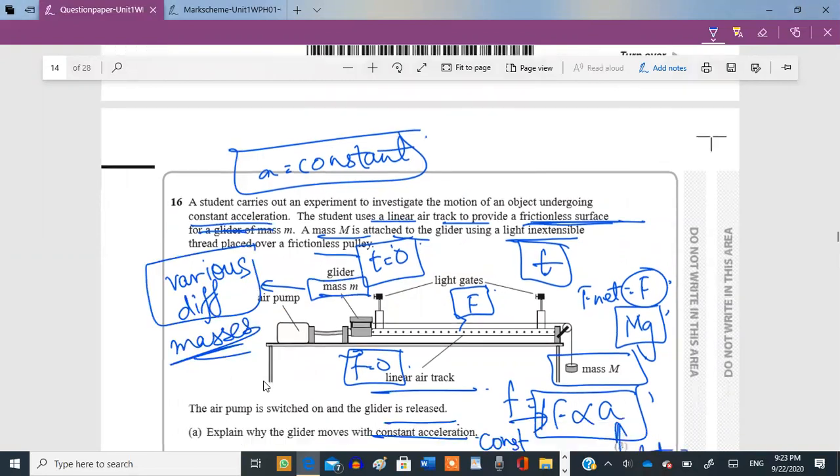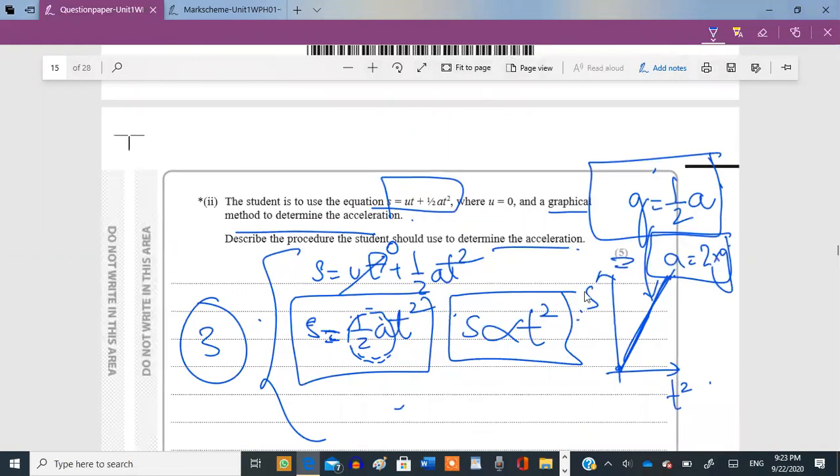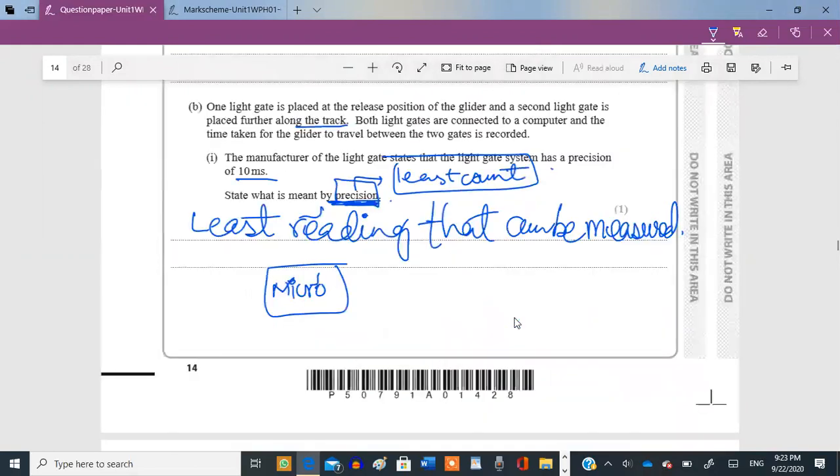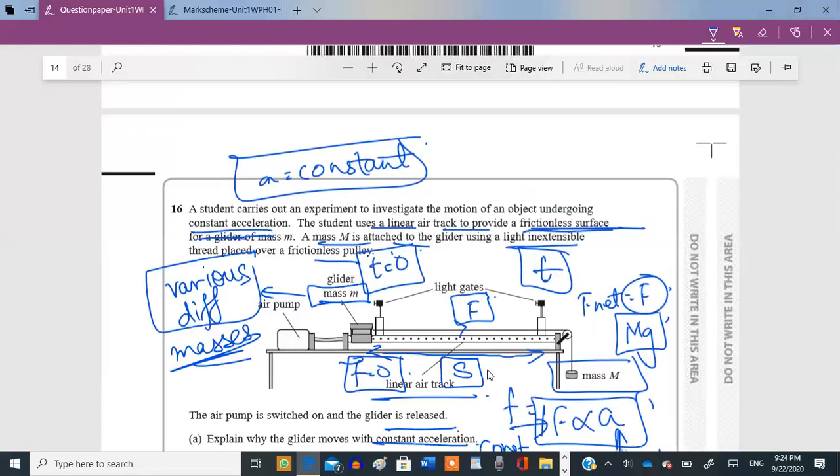Well, why is he using different masses? We need different displacements and we need different t squared. So that means the light gate's distance can be varied. The distance between the light gates is the s. Displacement is s, right?